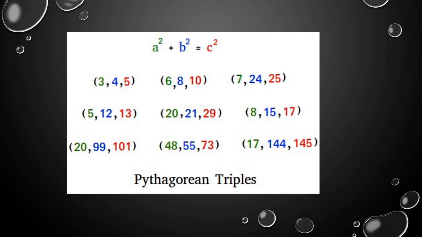The greatest number is the hypotenuse. 5 square equals 3 square plus 4 square, so 25 equals 25. Yes, it satisfies. Similarly 6, 8, 10 and 17, 144, 145 are Pythagorean triplets. If you learn some Pythagorean triplets, we can easily write the solutions whenever the examiner gives questions.